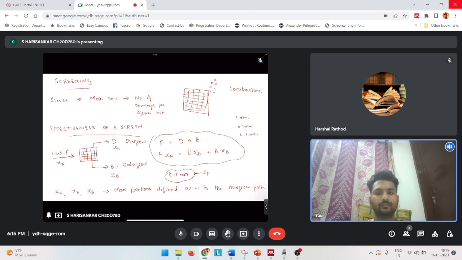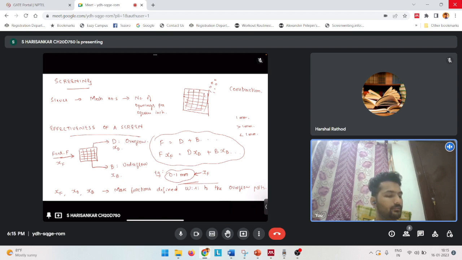That is how you define these mass fractions. Then XD will be the fraction of particles in the overflow that has a size less than 0.1 mm. This 0.1 is just an arbitrary example value. It can be anything. It depends on the system or the situation that we are dealing with. But I am just giving you an idea of how these mass fractions are generally defined.